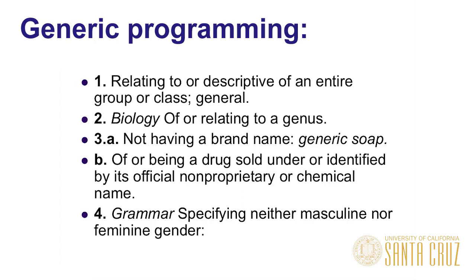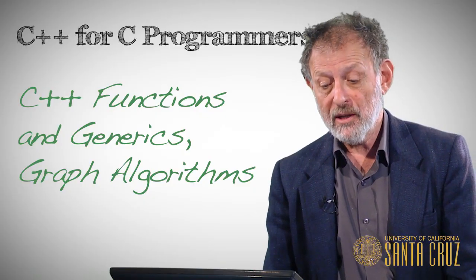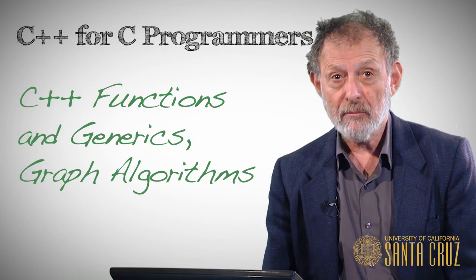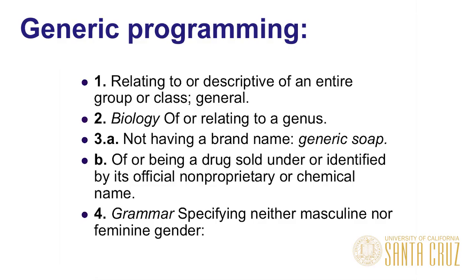Not having a brand name is another designation where we could have generic soap, and that's very often used in the pharmaceutical industry, where you mean something non-proprietary. And then finally, in grammar, it refers to neither masculine or feminine gender. So again, there's a little bit of universality. So generic programming is somehow a universal kind of programming.